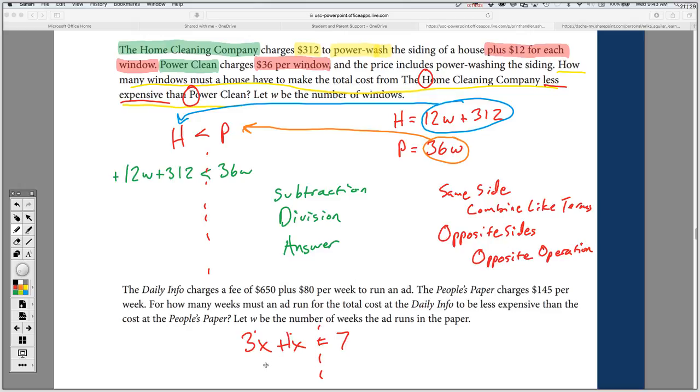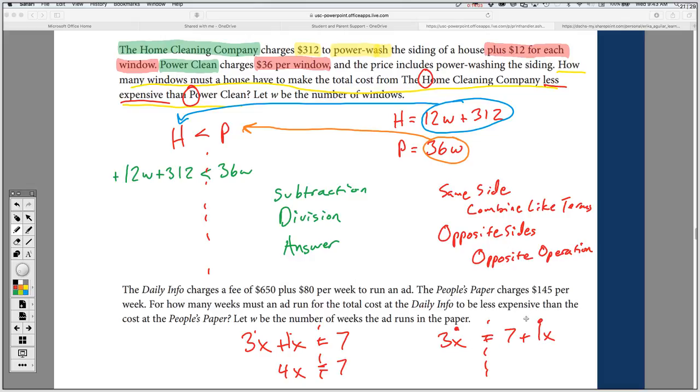Now, if it was the other way, and we had 3x equals 7 plus 1x, we would build the wall. This is a like term with this one. Are they on the same or opposite side? Opposite side. Everyone, tell me what I do when I have opposite side.